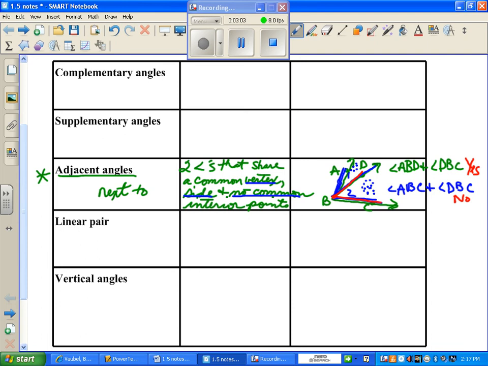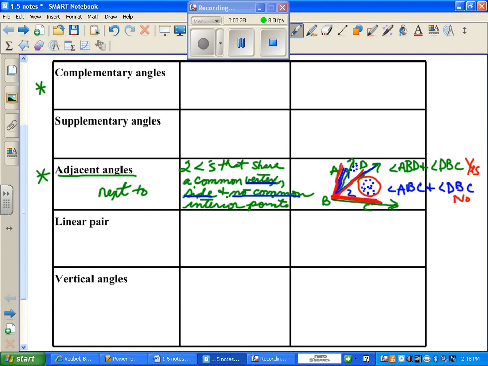They share a common ray right here. Both the large angle and the smaller one share the same ray BC. However, they have common interior points. These points that are in the interior of angle 2 are also in the interior of this large angle ABC. So it fails the definition. So the first one, they're next to each other. The second one, you have one inside of the other. Those are not adjacent.